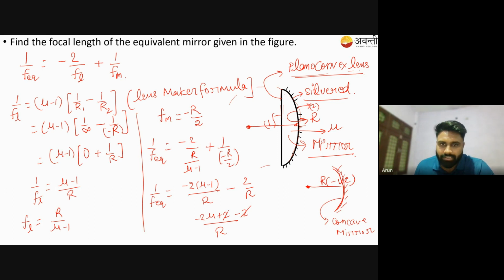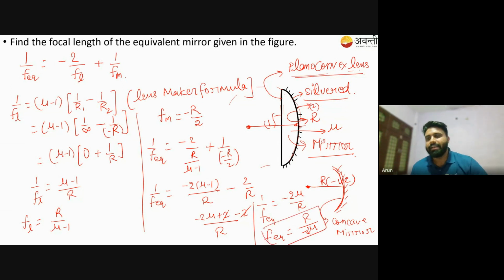So here you are with 1 upon F equivalent equal to only minus 2 mu by R. So you will take the reverse of it. It will become R over minus 2 mu. So this is the equivalent focus of this mirror.